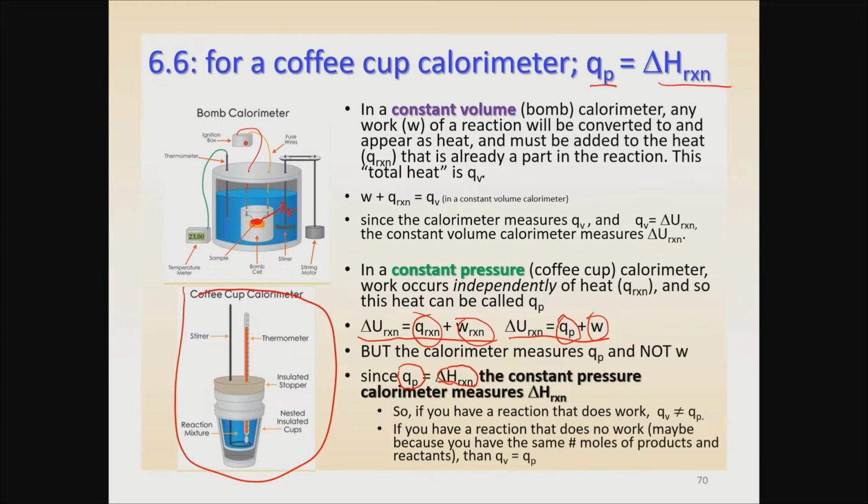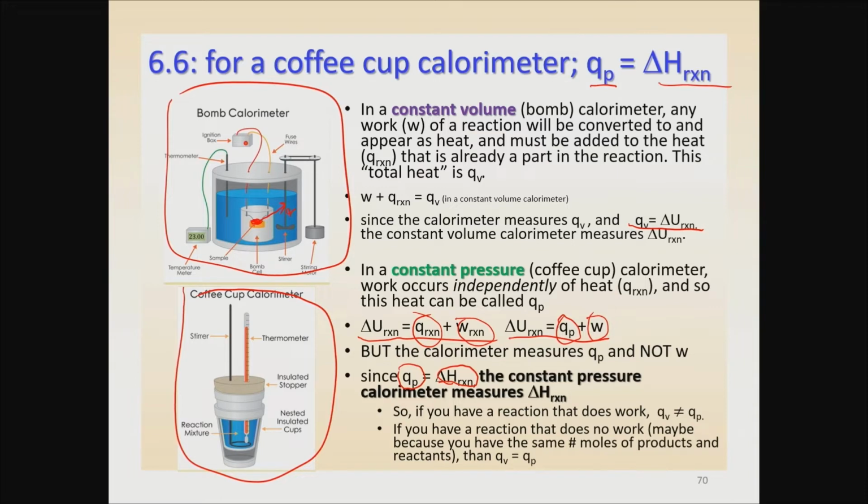So in summary, when you carry out a reaction in a bomb calorimeter here, the heat that you measure is the heat of the reaction combined with any work done. And therefore, that heat, which is heat at constant volume, is going to be equal to the change of internal energy of the reaction.